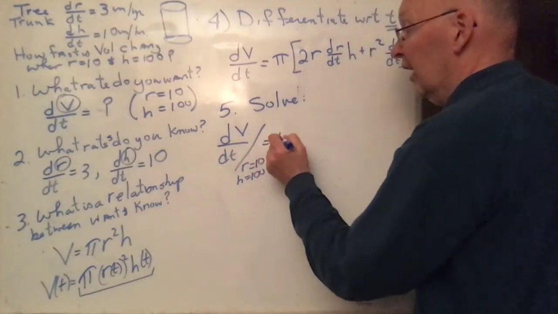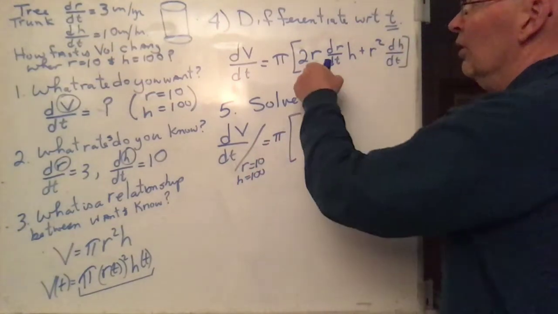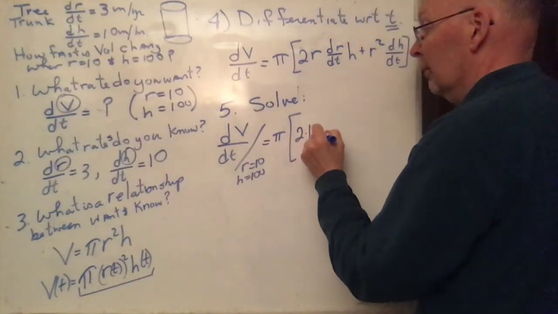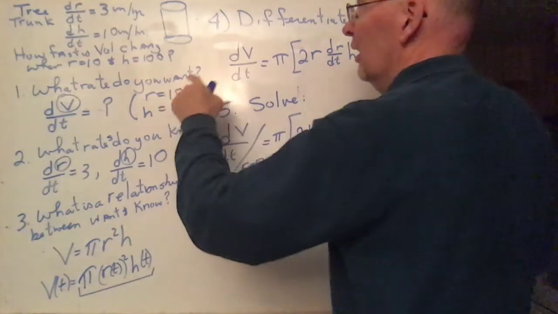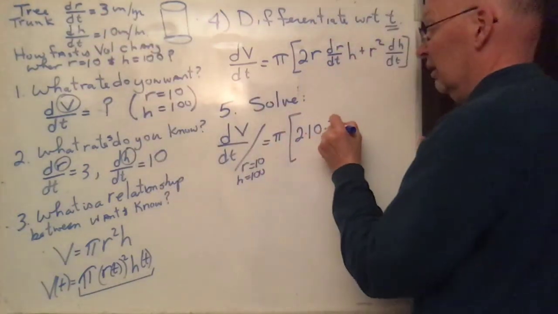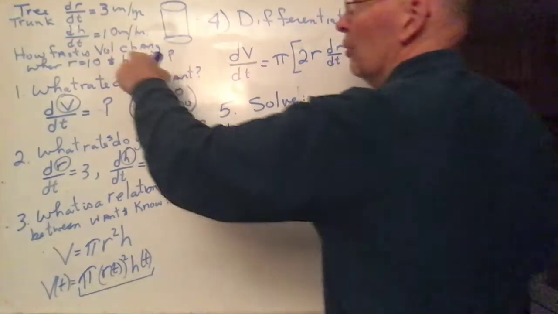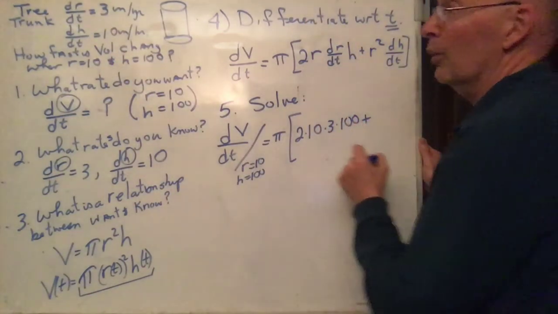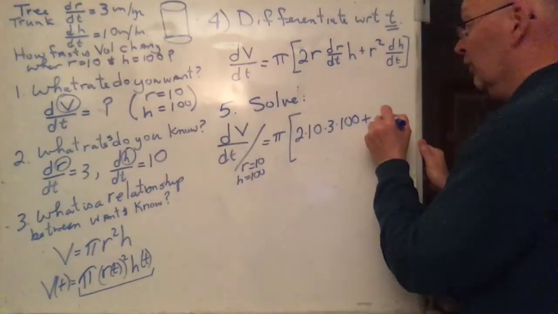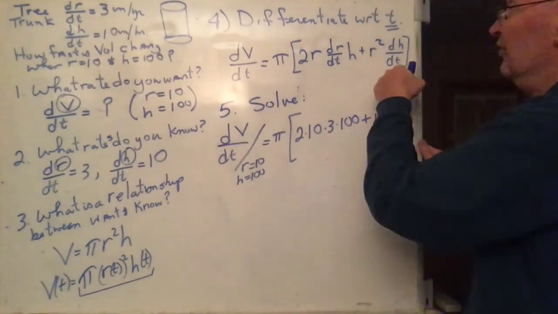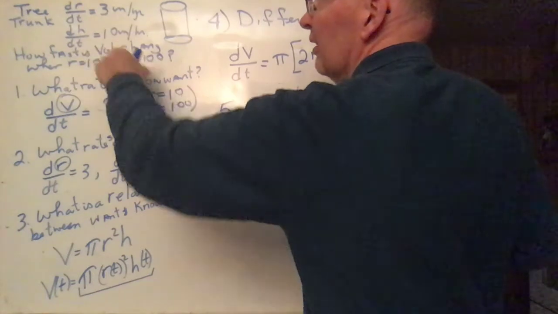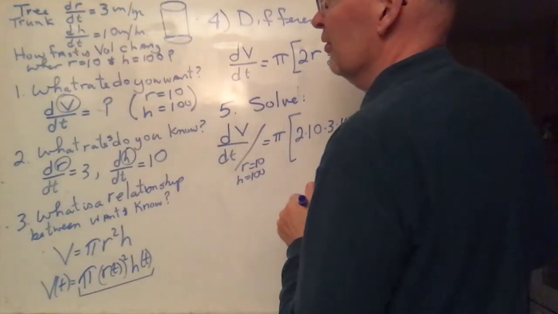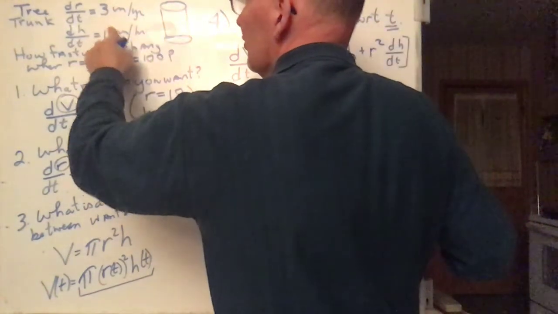So it's going to be pi times 2r. Well, r is equal to 10, so it's 2 times 10 times dr/dt, which is 3, times h, which is 100, plus r squared. R is 10 again, so 10 squared is 100, times dh/dt. And dh/dt is, you know what? Just so we don't have so many 10s in here, I think I meant this to be an 8.